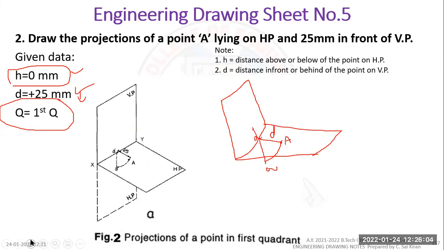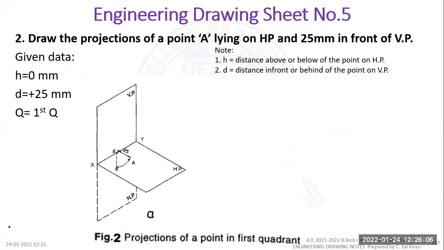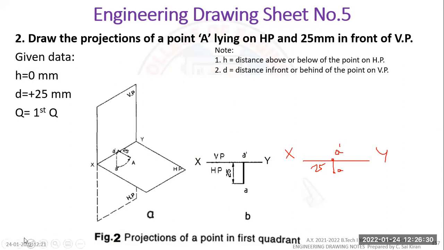Note the drawing of this 3D figure, then draw the final figure. First draw the XY line and locate the points. Here you don't have 0. Don't write center 0, because 0 is overlapped by the letter a dash. Below it you have 25. Take a distance of 25, and at that point write the letter a.